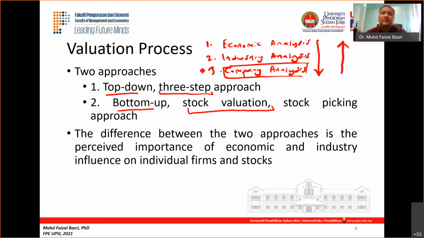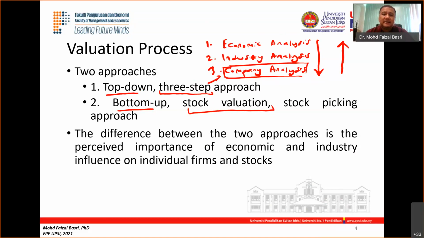And obviously from here you can see, top-down will be more thorough because you need to do a lot of analysis, and bottom-up is much simpler. And the similarity between the two is actually step number 3. Because step number 3 will be used in both, either top-down or bottom-up.